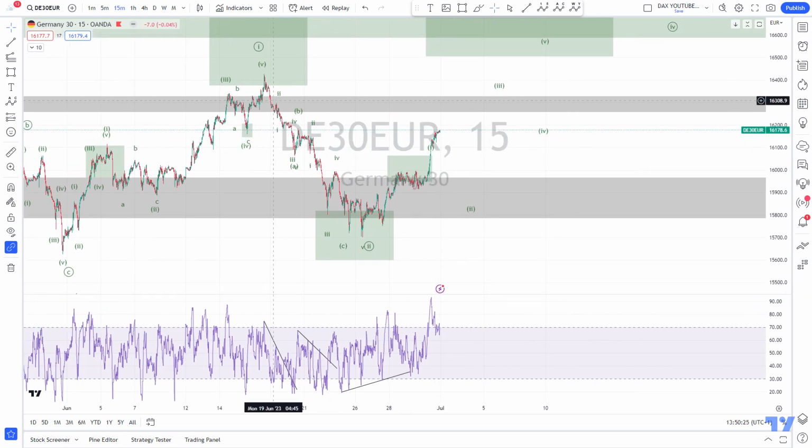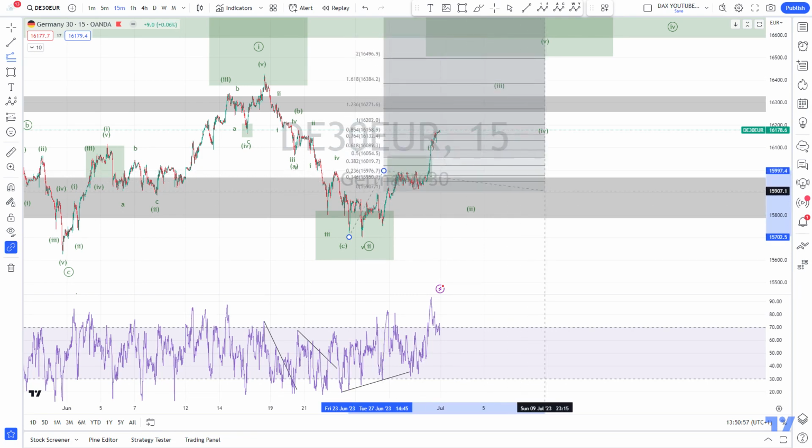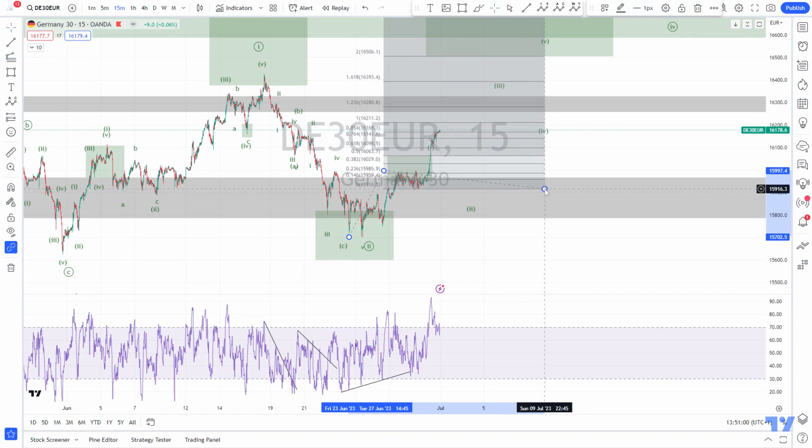If we look at the bearish scenario here, if this was a high, then this could have been a wave 1 to the downside, which means, just like for the NASDAQ and the DOW, that we will have a wave 2 to the upside. If this is a wave 2 to the upside, we could have something like this: this was our wave A, a very short wave B like this.